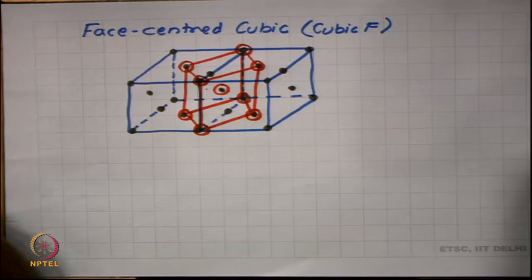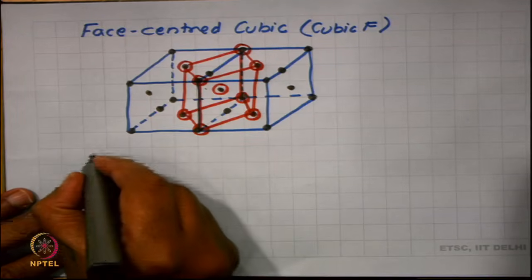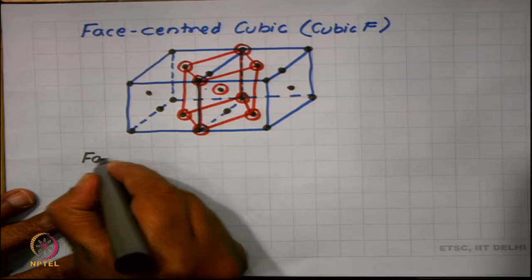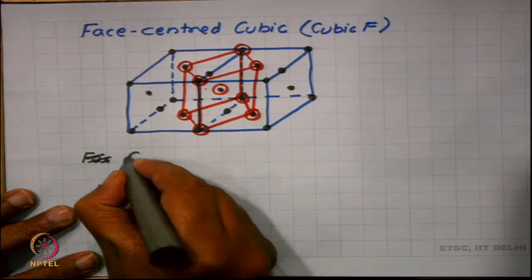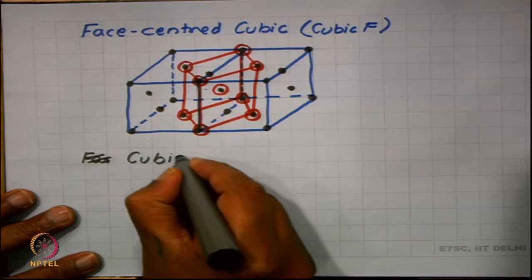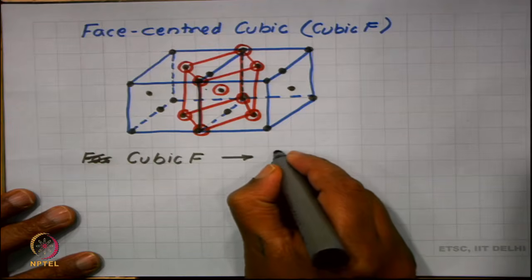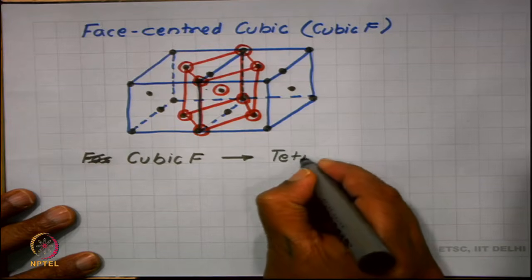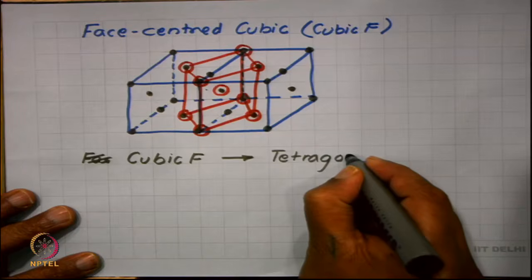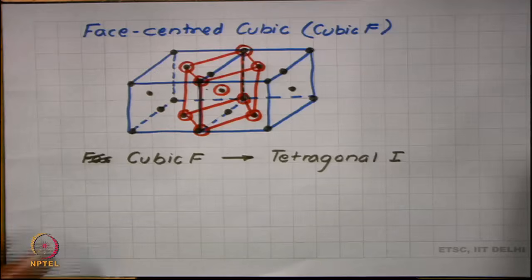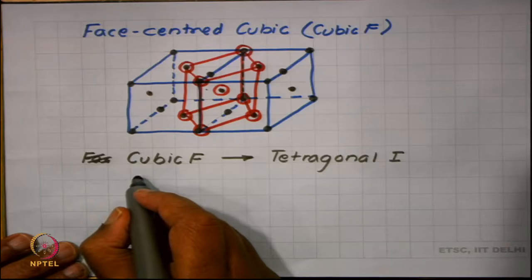So, which means even for face centered cubic we can select a tetragonal body centered unit cell. So, cubic F can be reduced to tetragonal I. But then why has Bravais kept cubic F?